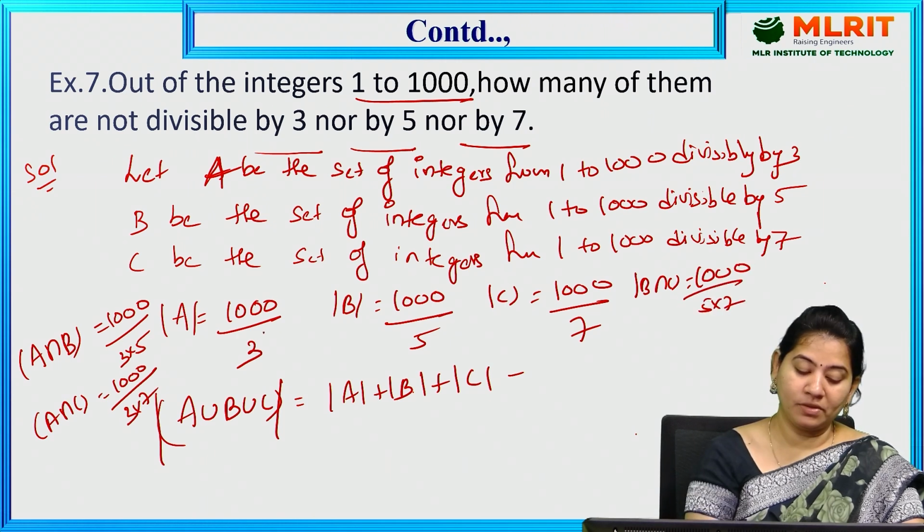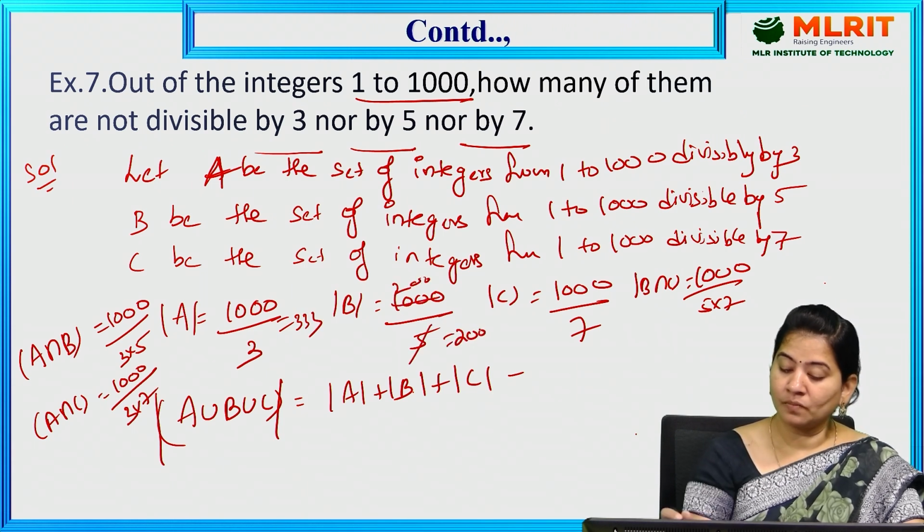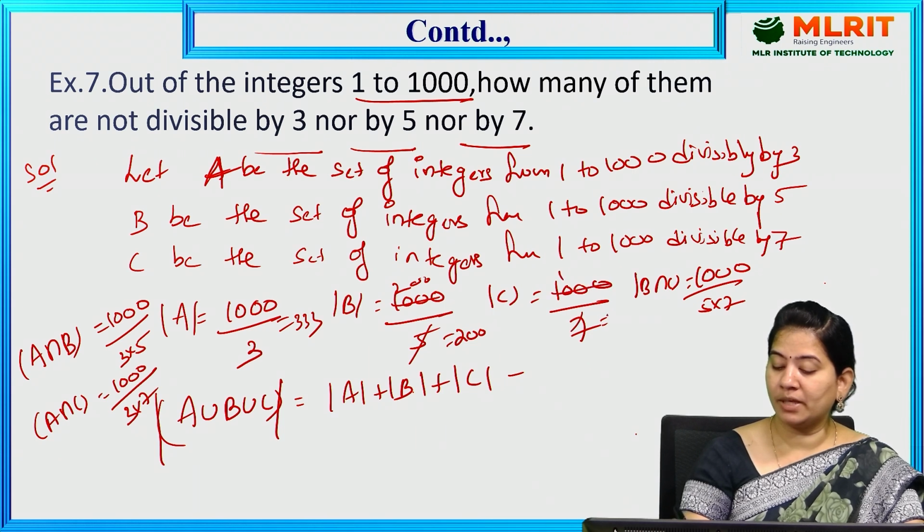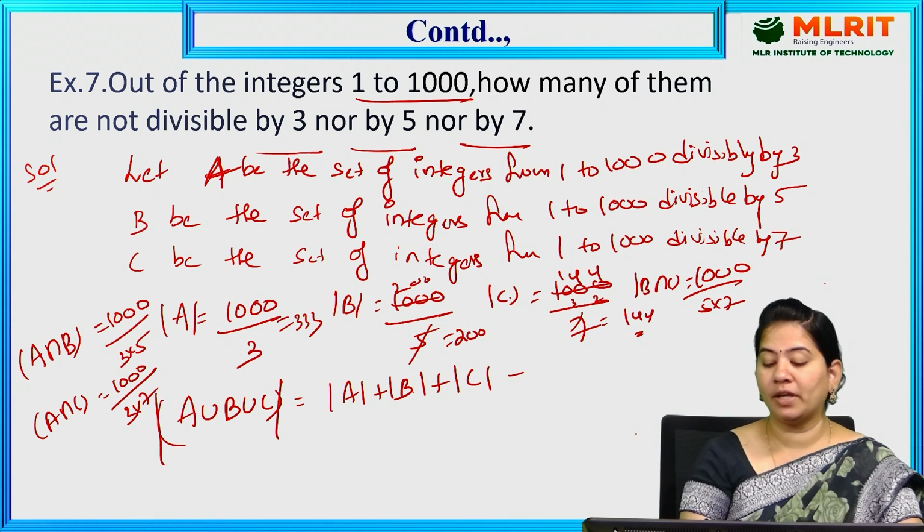So now if you observe here, you will get 333 here, and here you will get 200, and here 7 ones are 7. So next we have 3, 7 fours are 144 roughly, as we are taking mod.